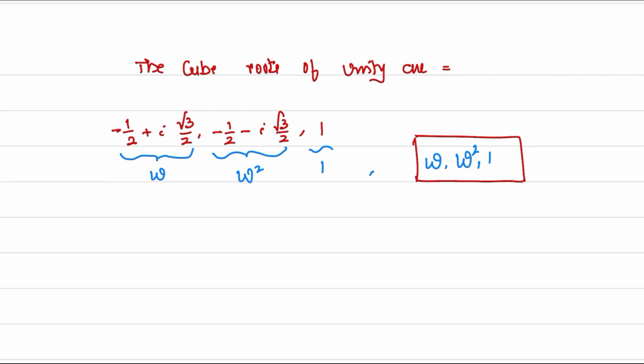Just to check up, homework. Find whether omega whole square is equal to omega square or not.